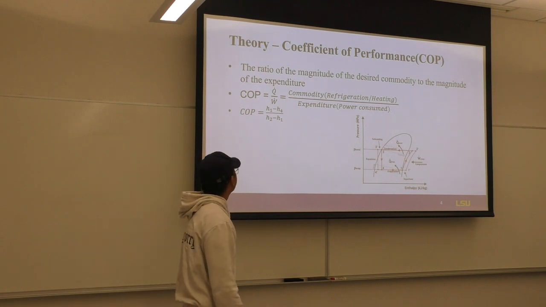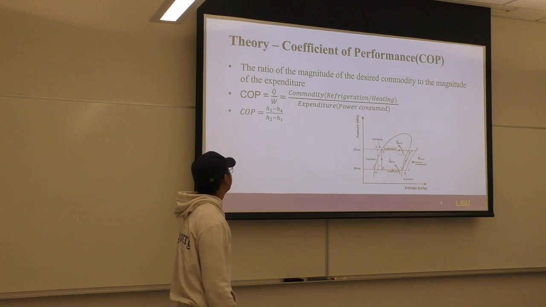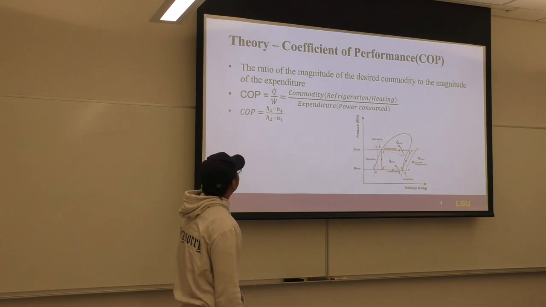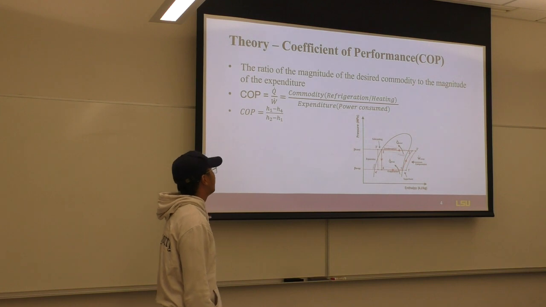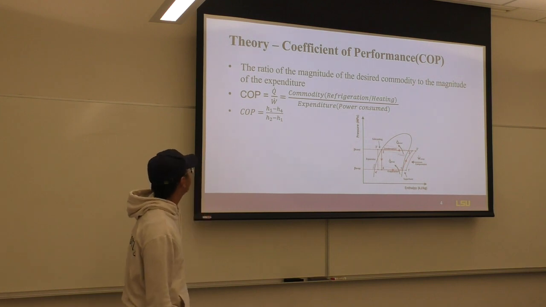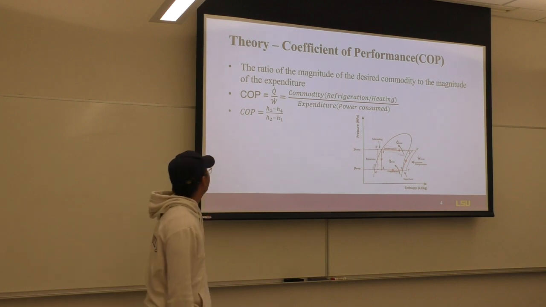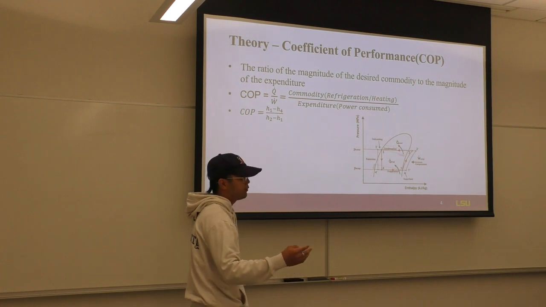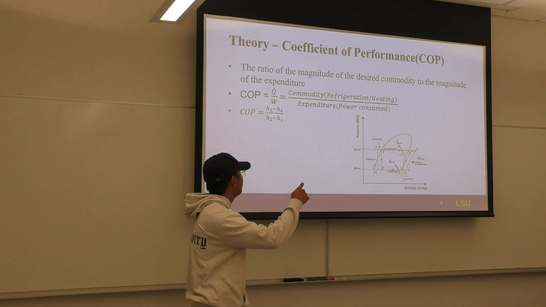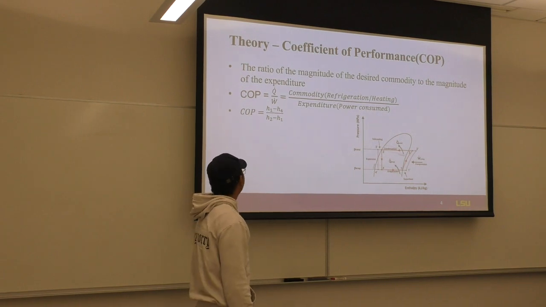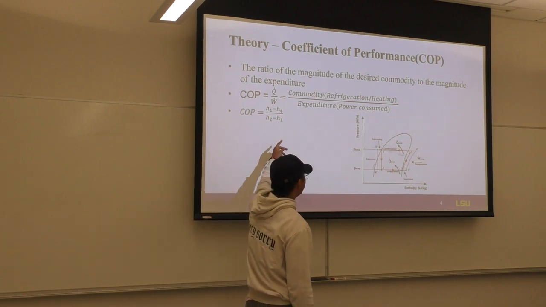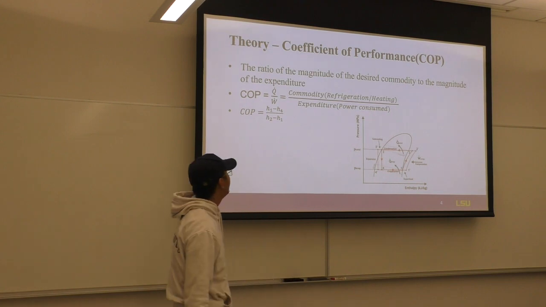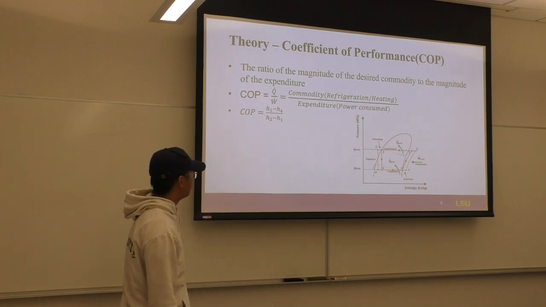There's actually 2 more equations for that. It's the ratio of the magnitude of the desired commodity to the magnitude of the expenditures. Another equation is using the enthalpy from the pressure enthalpy graph. It is H1 minus H4 divided by H2 minus H1.